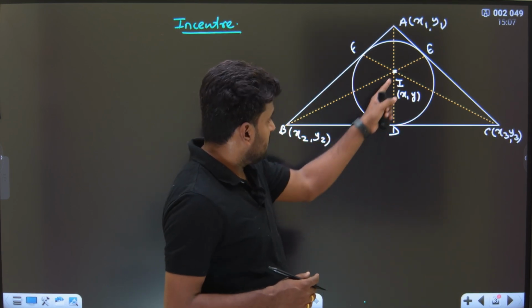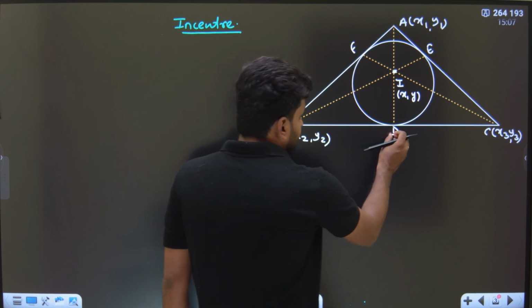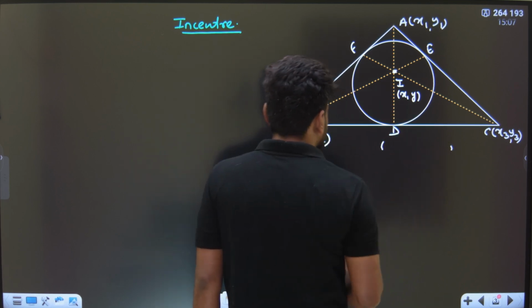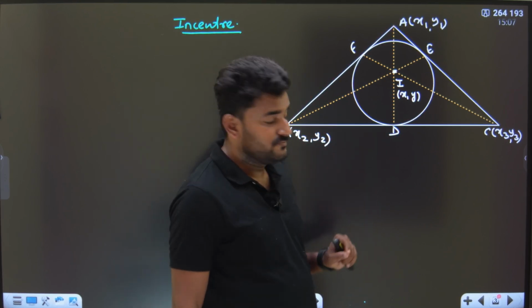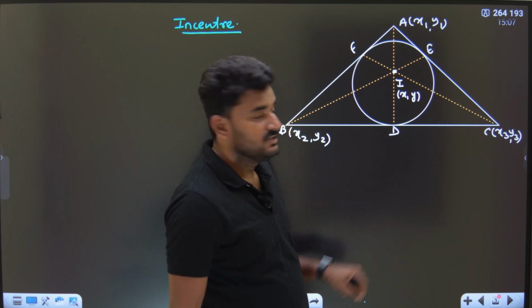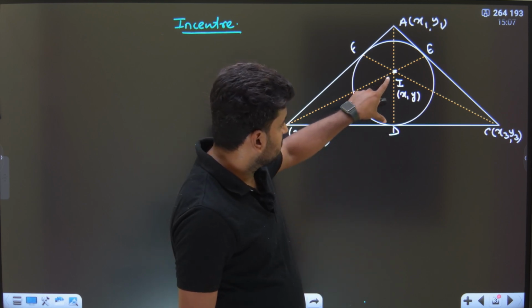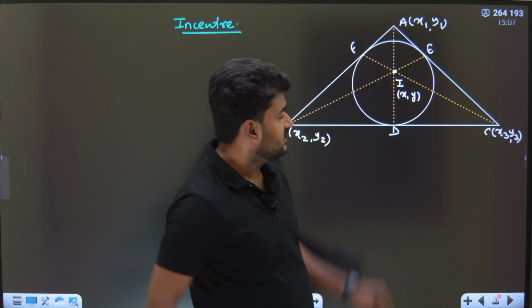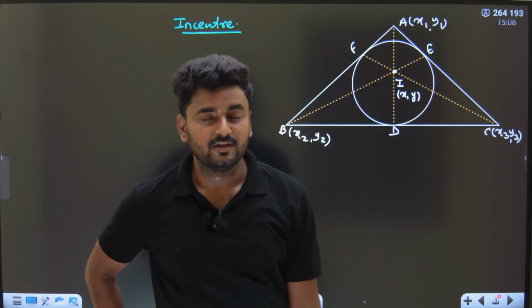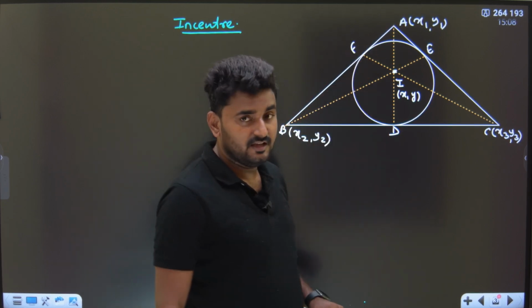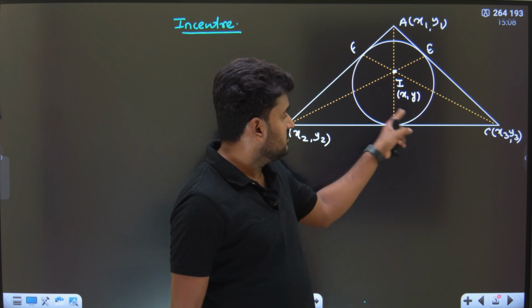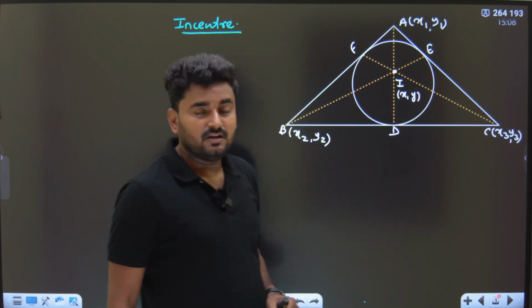For reaching I, you should find the coordinate of this D. If you find the coordinate of D, you can get the ratio of DI and AI, and if you find that ratio, then you can easily find the incenter I.